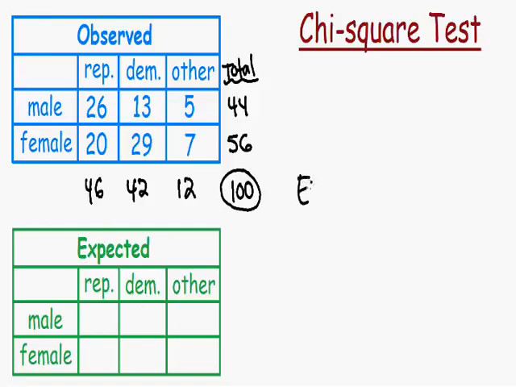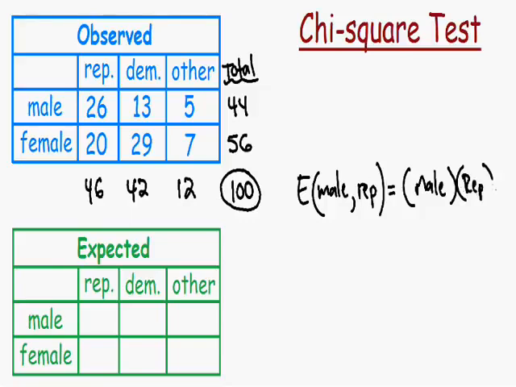The expected number of male Republicans, and the formula that we're going to use for male Republicans is the total number of males multiplied by the total number of Republicans, all divided by the grand total, the total number of people in the study. So if we plug everything into this formula, we know that we have 44 total males.